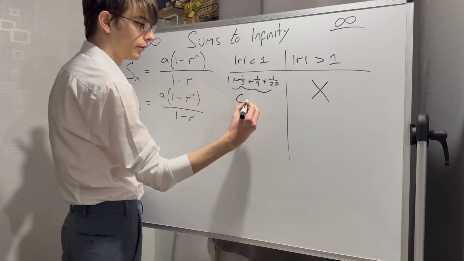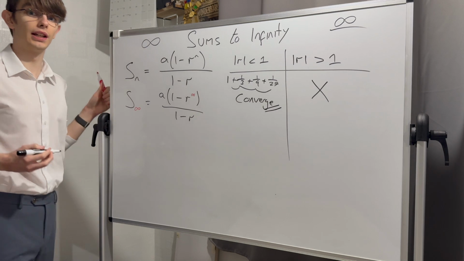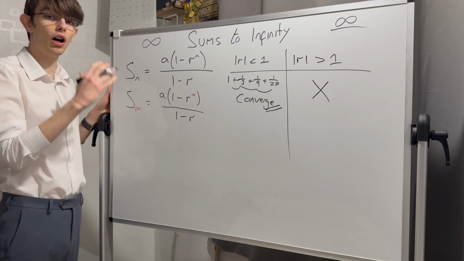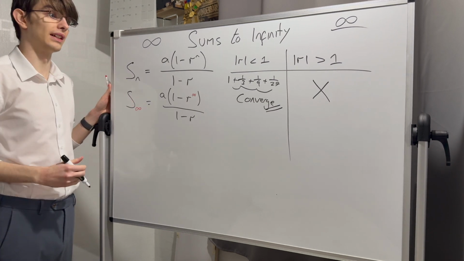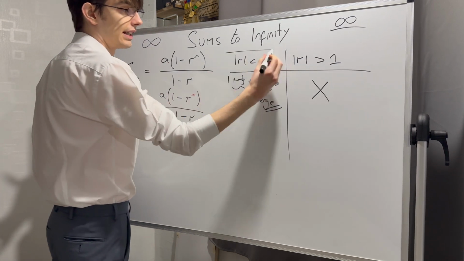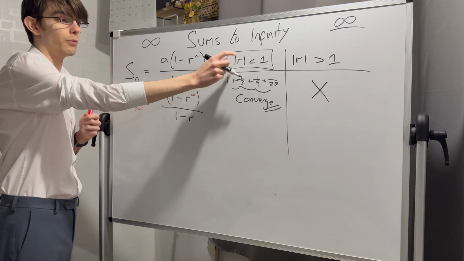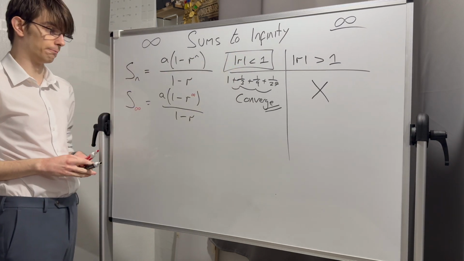So when I add them, they will converge. And I showed this earlier with r as a half, it keeps going until it converges to 2. So, first thing to note is this whole thing, sum to infinity, only works if the modulus of r is less than 1.